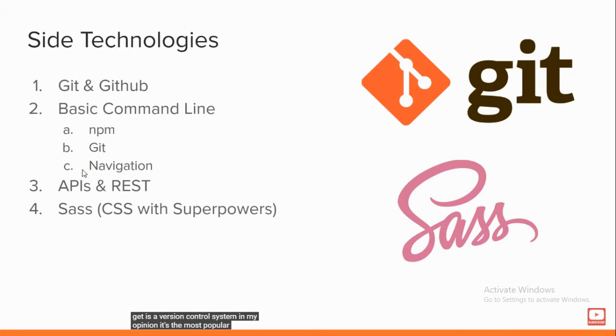So we need to learn the basic commands. After that, there are APIs and REST. These two concepts are important so that we'll understand what is going on underneath the hood. Other than HTML and JavaScript, what is happening at the backend, how it is connecting with the backend. So this will be helpful for us to understand that.